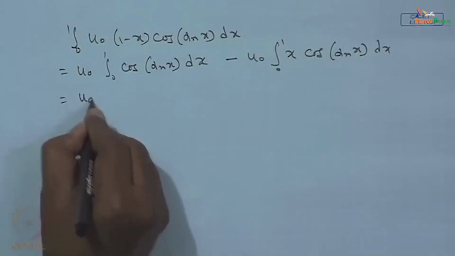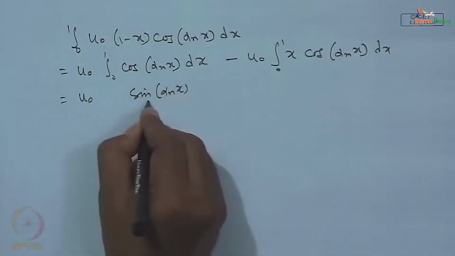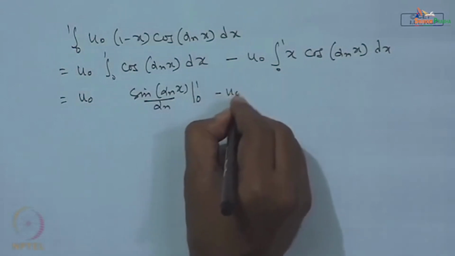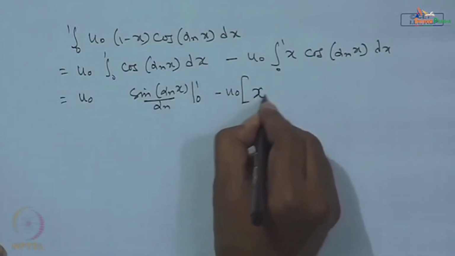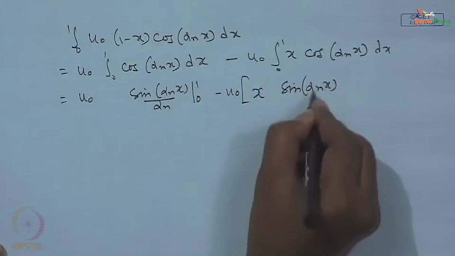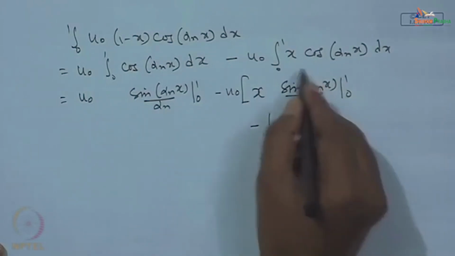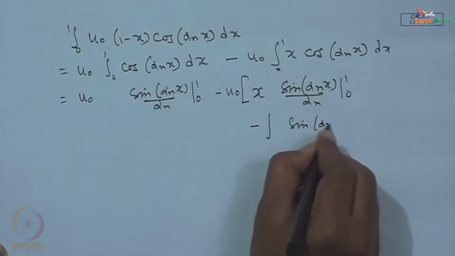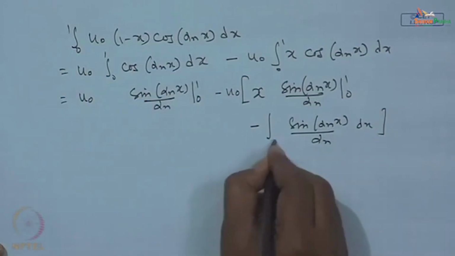So, this becomes u_0 sin alpha_n x divided by alpha_n from 0 to 1, minus u_0 times the integral, which has to be evaluated by integration by parts: first function times integral of second function, sin alpha_n x divided by alpha_n from 0 to 1, minus the integral of the differential of the first function, which is 1, times the integral of the second function, sin alpha_n x divided by alpha_n, dx from 0 to 1.